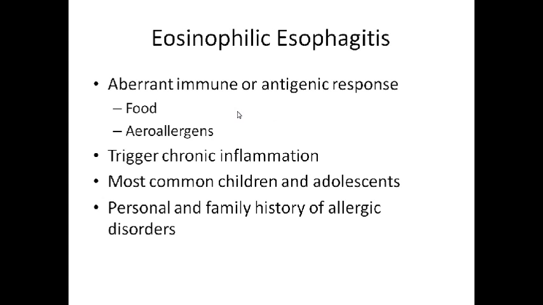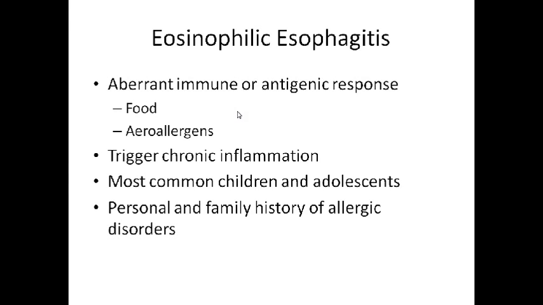Let's talk about esophagitis. There are different kinds. The first kind is eosinophilic esophagitis. This has to do with an allergic reaction of the esophagus to certain food chemicals or molds or allergens that may be in the air. This can trigger a chronic inflammation.